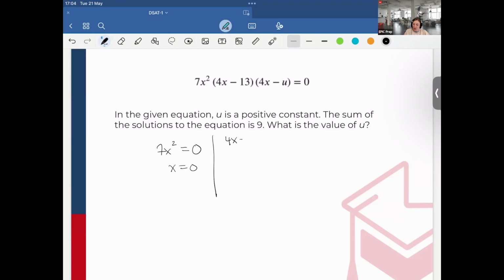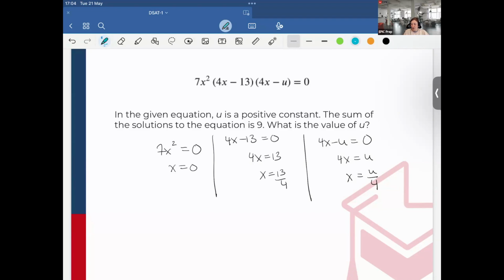Another solution, 4x minus 13 equals 0. 4x equals 13, and x is equal to 13/4. That's another x-intercept, another solution. And the other one, 4x minus u, is equal to 0. So then 4x is equal to u, and x is equal to u over 4.